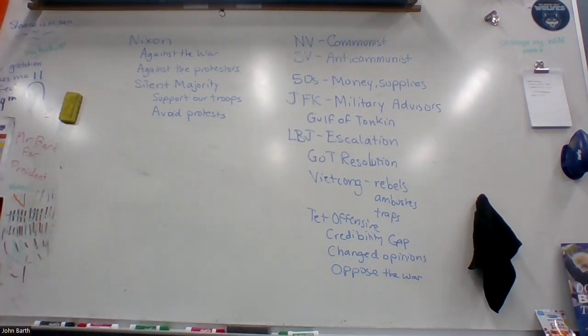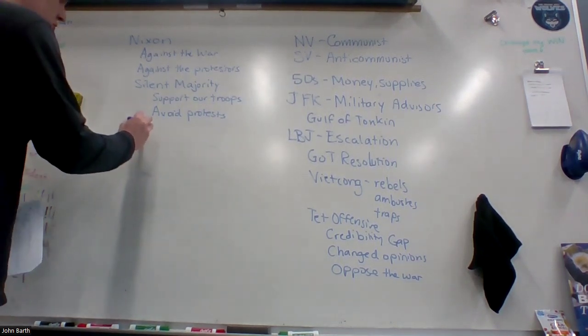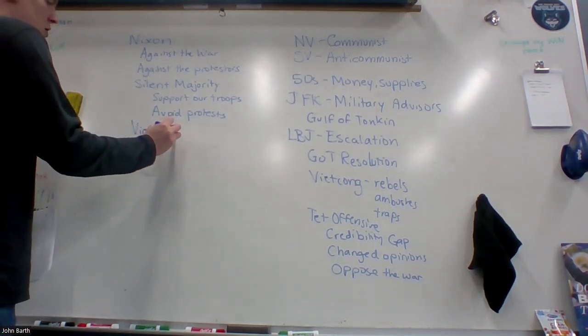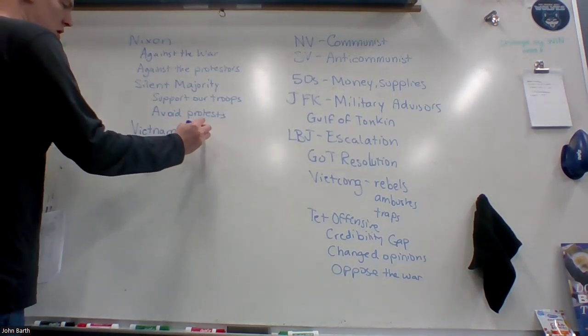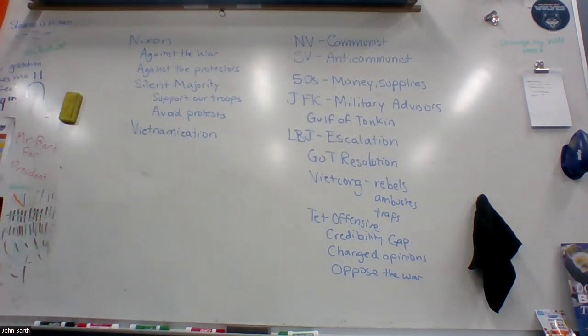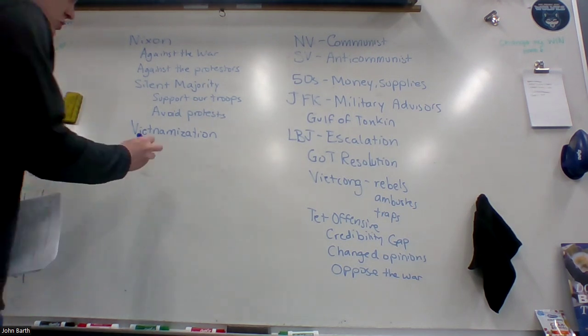Like we talked about the survey after what happened at Kent State, where it showed a majority of Americans sided with the National Guard for shooting into an unarmed crowd of students because they were protesting. Right. So Nixon is elected, and his plan to end the war is Vietnamization.